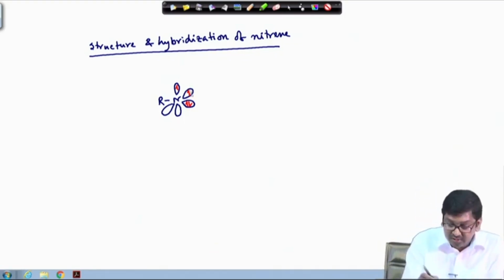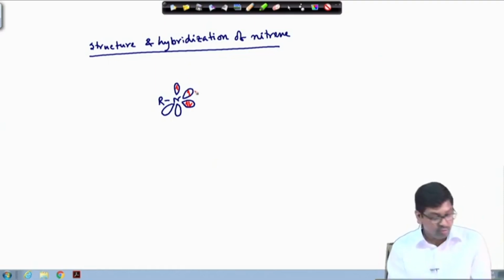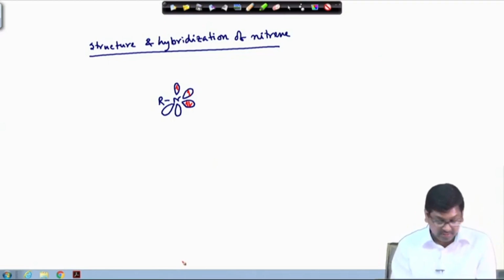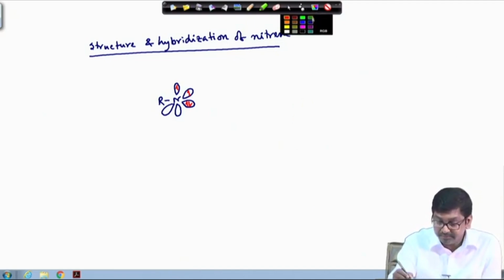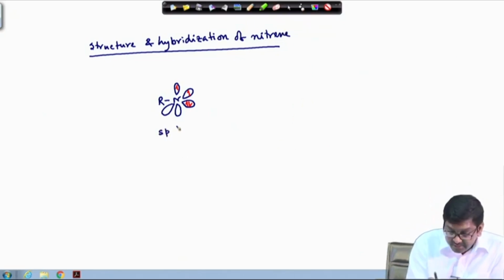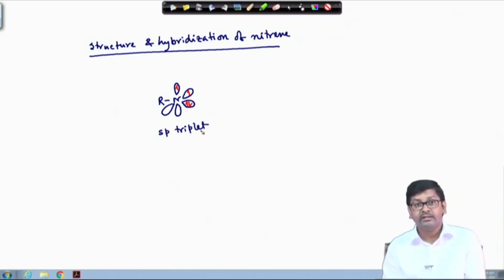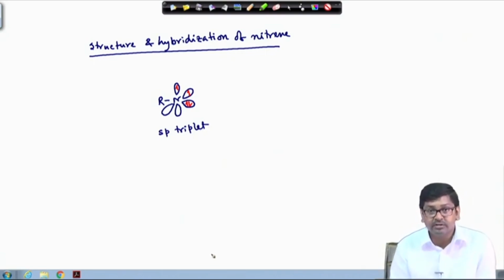Okay. So, these 2 electrons will stay in these non bonding molecular orbitals. What about this one? This is sp triplet.